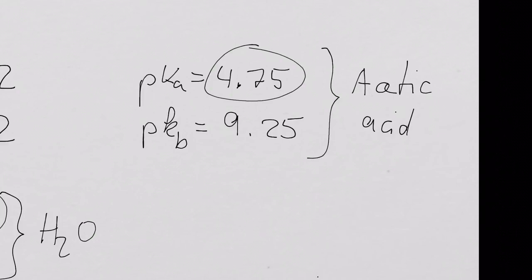Okay, let's do a little calculation. So acetic acid obviously is an acid. It is stronger than water in terms of acidity because the pKa is lower than 7, which is water. The pKb, is it a strong base or a weak base?